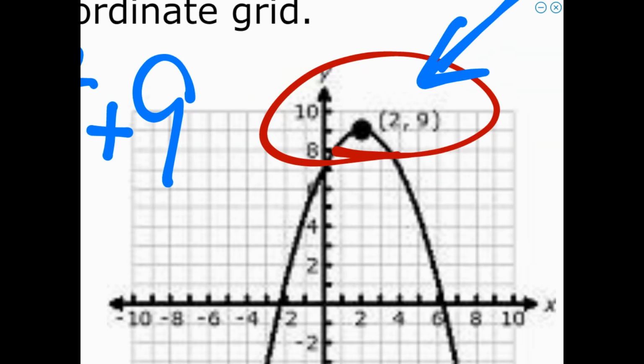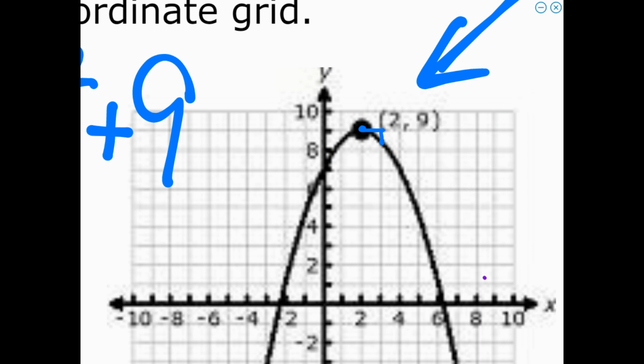Okay, so if I come back over here to my graph, start at my vertex, and I go over 1 unit, how far do I go down to get to my function that's graphed right there? Do I go a whole unit down?